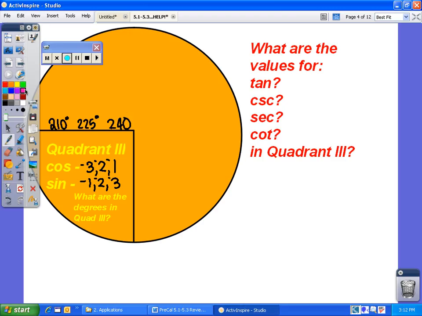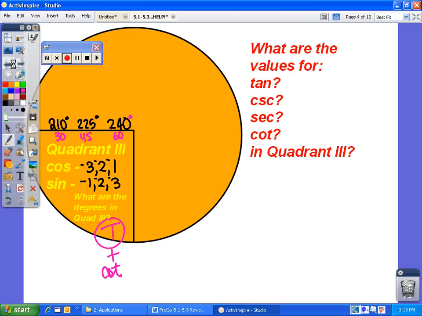And the reference angles go back to the same direction, 30, 45, and 60. And when I say reference angles, I'm saying that you should have the same answer for the sine of 30 as you do for the sine of 210, except the sine of 210 will be negative. Okay, so everything is negative in this quadrant except for tangent. Tangent's positive as well as cotangent.